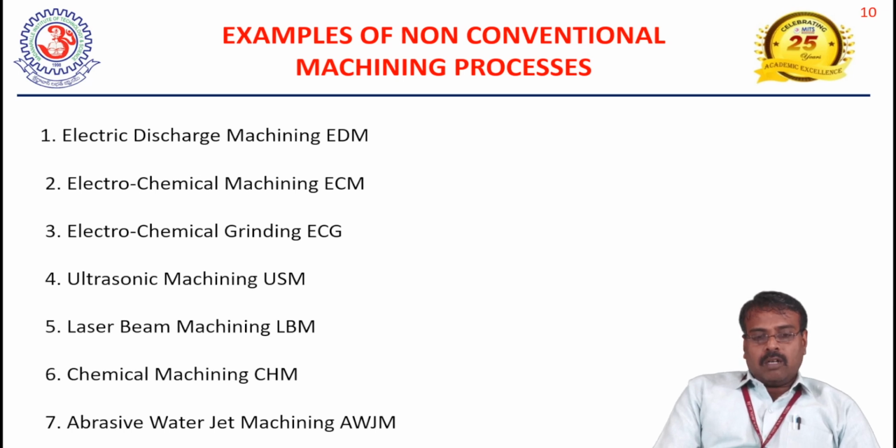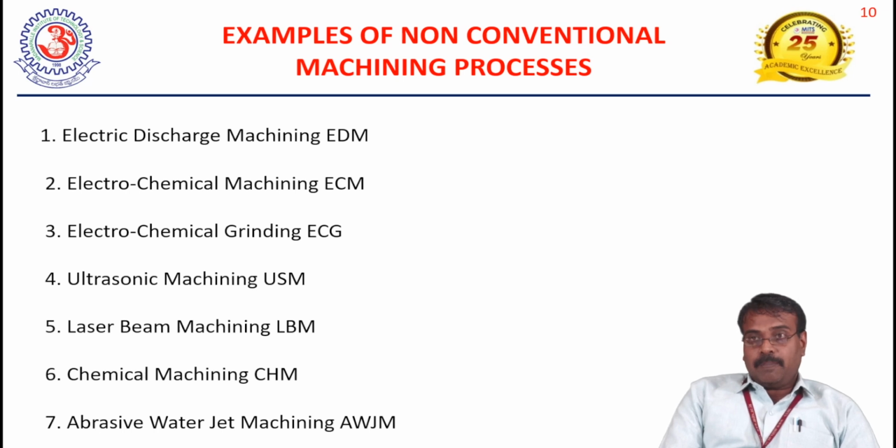In this one, we could not explain all the machining processes. Now let us see the major machining processes in current usage by many researchers: EDM, ECM, ECG, USM, laser beam machining LBM, then chemical machining CHM.